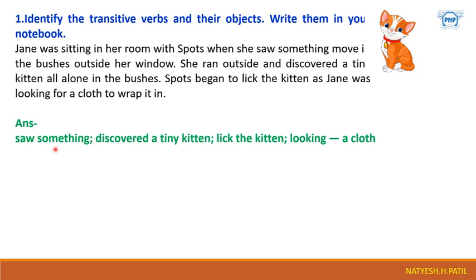Here, saw is a verb and something is its object; discovered is a transitive verb and a tiny kitten is its object; lick is a transitive verb and the kitten is its object; looking, and last, a cloth is an object. Understood? I hope you must have written a similar answer. Let's check the next one.